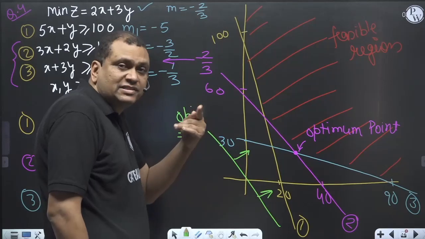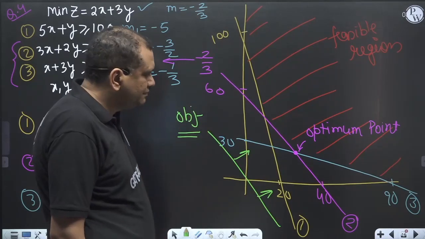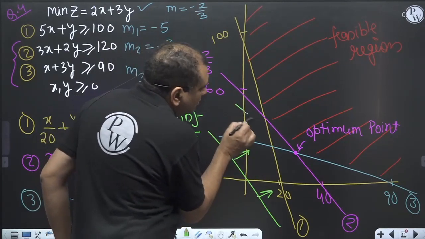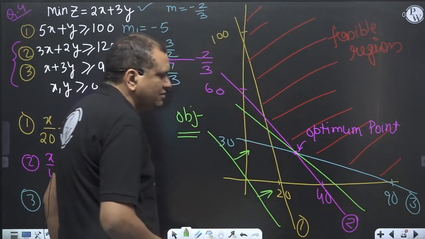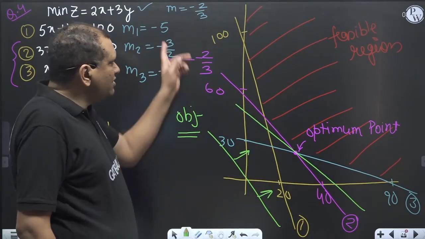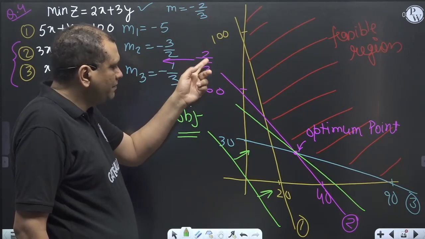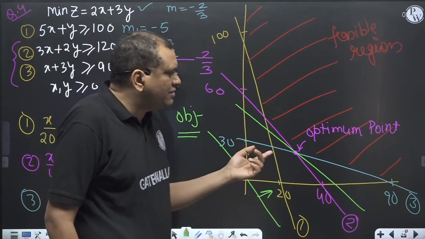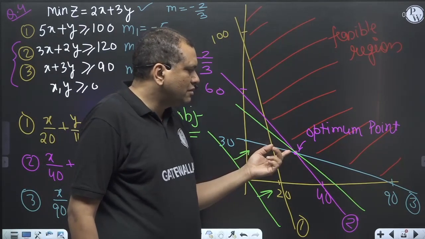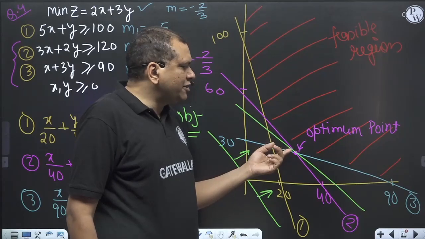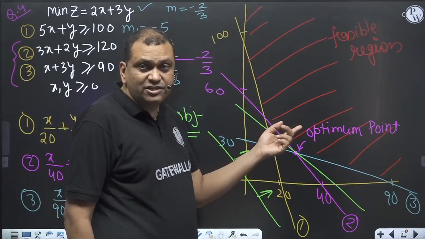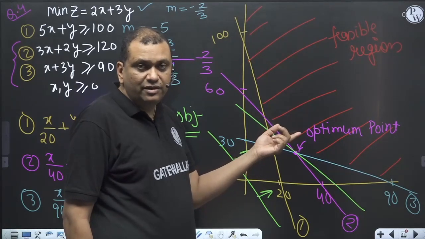Because it's a minimum function, the first point the objective function touches the feasible region is the optimum point.